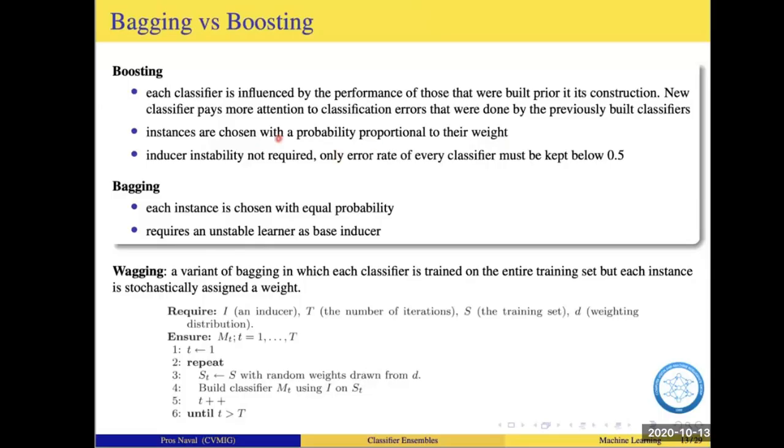So there's a probability distribution which will be used for sampling the data set in order to produce the particular data set for that new iteration. For boosting, inducer instability is not required. Only that the error rate of every classifier must be kept below 50%. Meaning it has to be better than 50% accuracy, better than random.